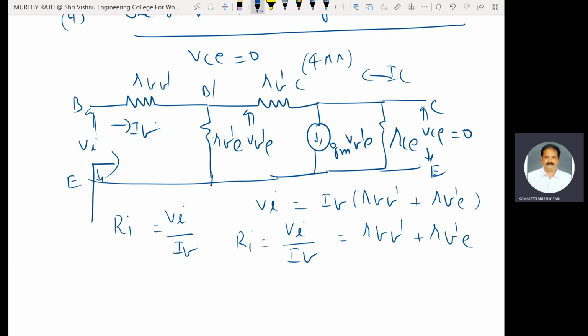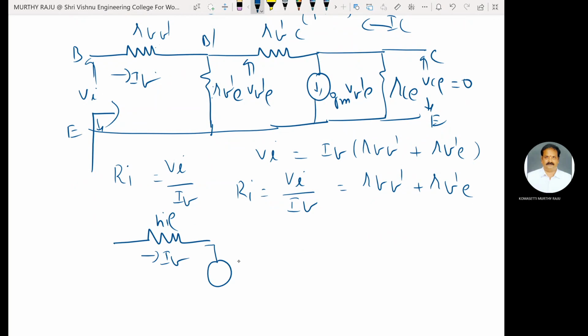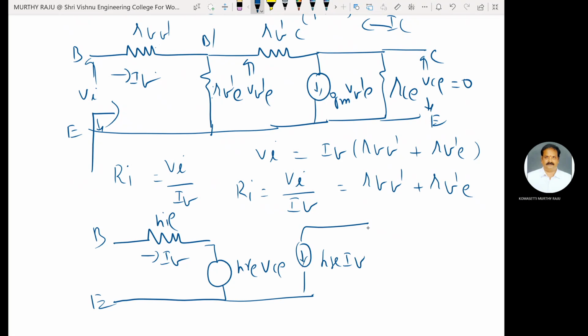This is from the hybrid pi model, and now consider the H parameter model. HIE, IB, HRE, VCE, base, emitter, HFE, IB, HOE.